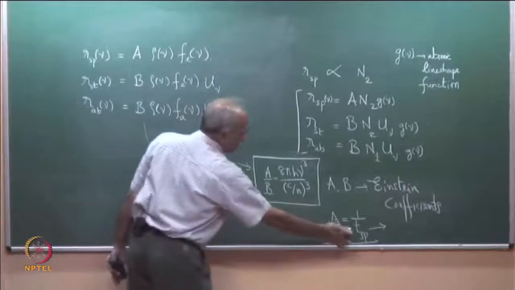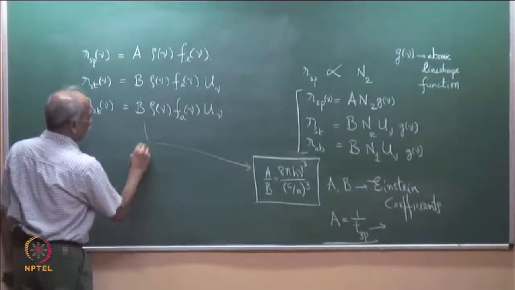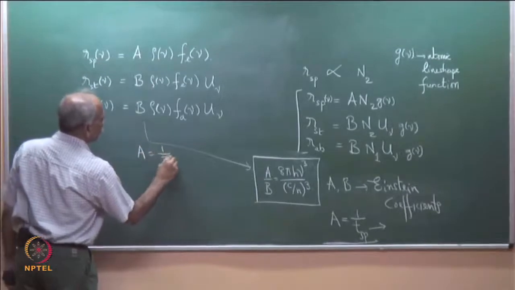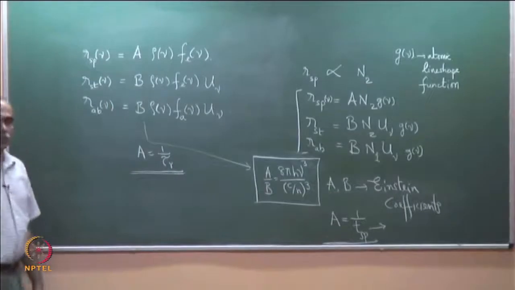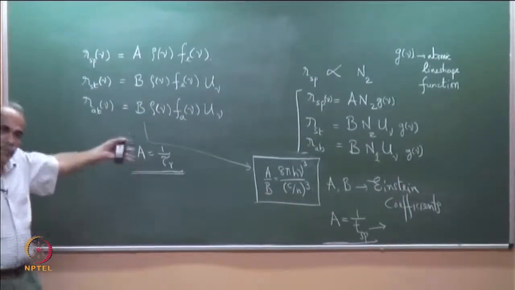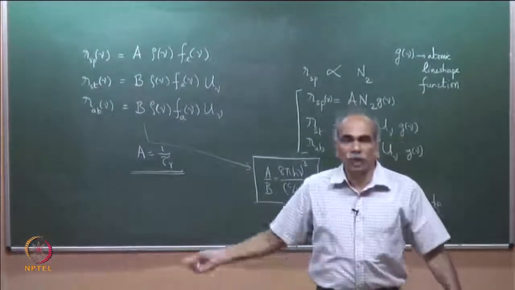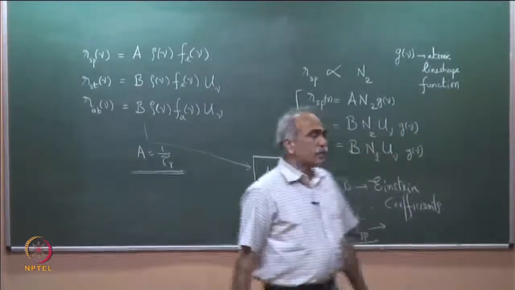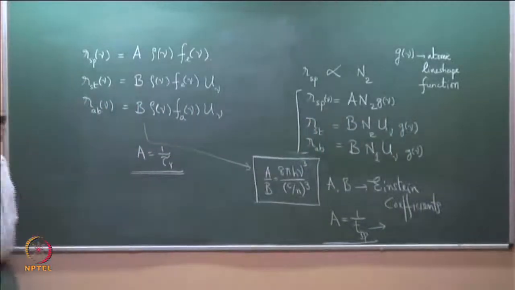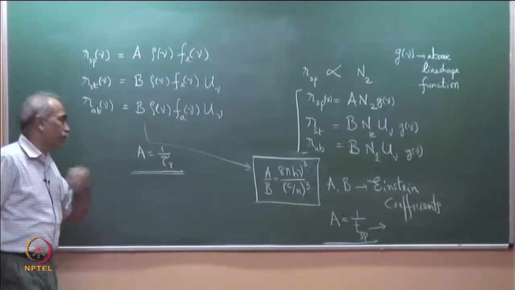In this case, A is equal to 1 over tau r, the radiative recombination lifetime. These are measurable parameters. You will see ultimately that everything will be in terms of lifetimes, because lifetime is a measurable parameter. If time permits, later on I will discuss the measurement technique, how one can measure the lifetime.